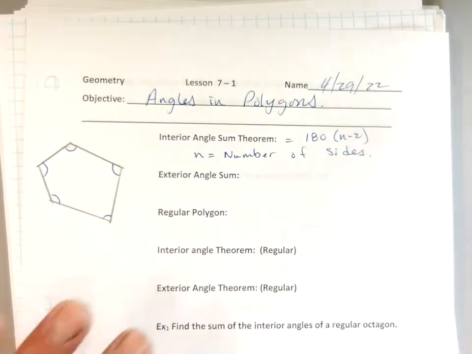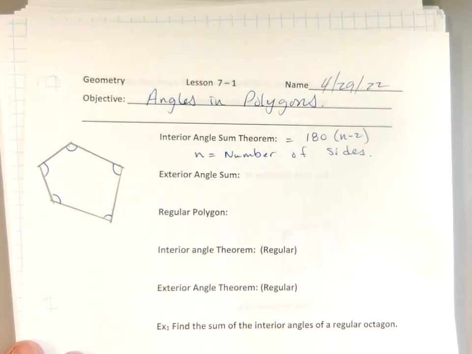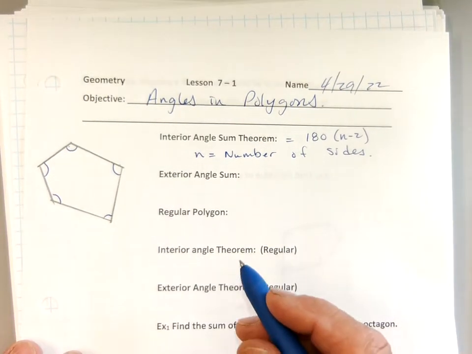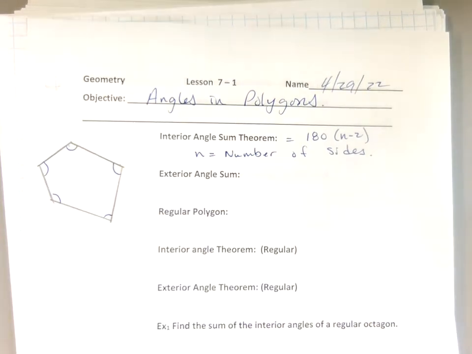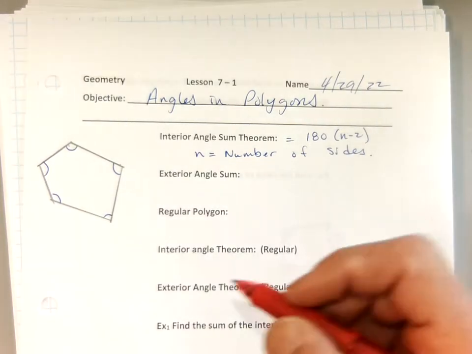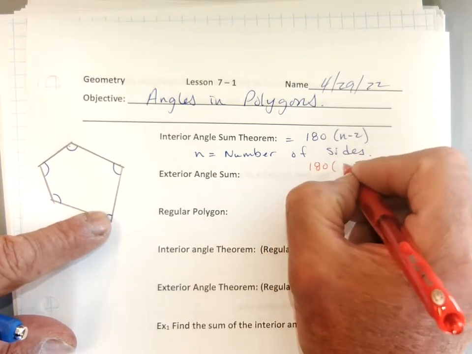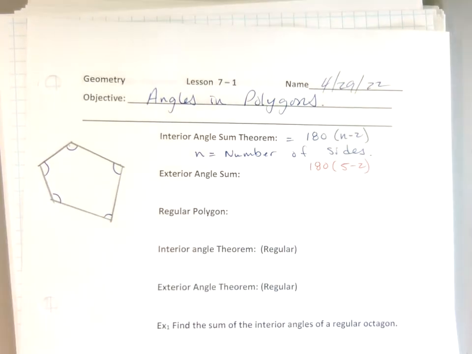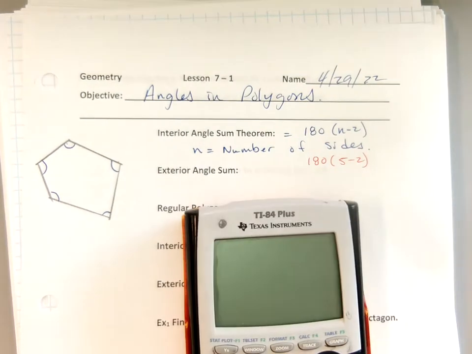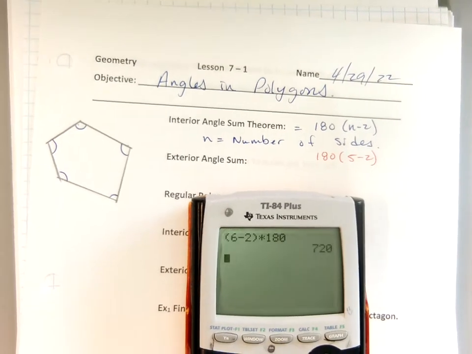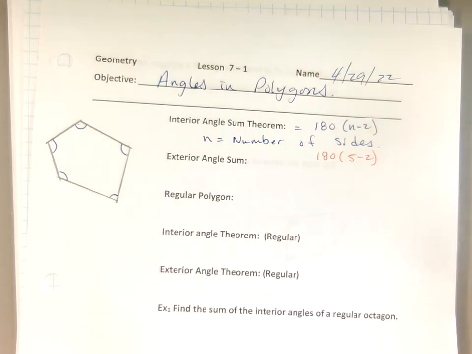In this example, it's simply going to be 180 times 5 minus 2. That's it. N is the number of sides or the number of angles. And my formula would be then 180 times 3, right? Which is 540.